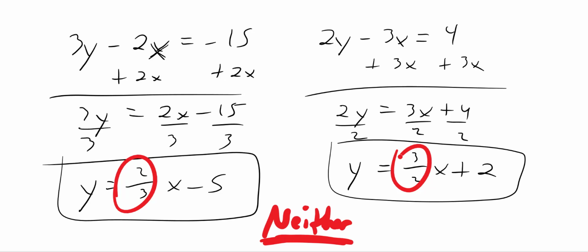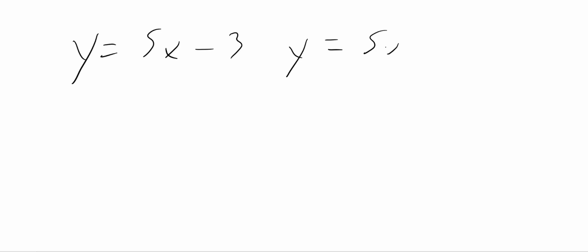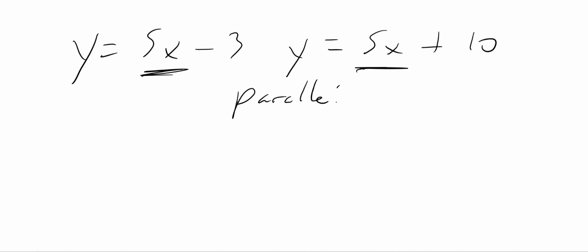Basically you're going to have three categories here. Neither, which this one is. If you have y is equal to 5x minus 3 and y is equal to 5x plus 10, that's going to be parallel, because of the same slope.